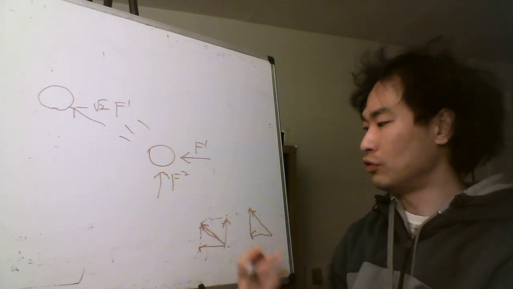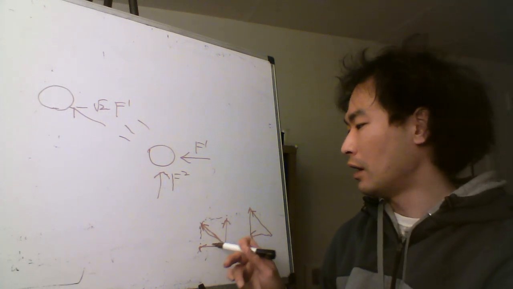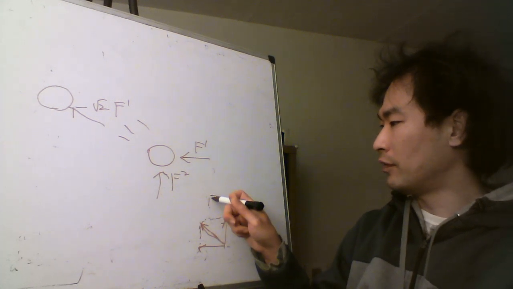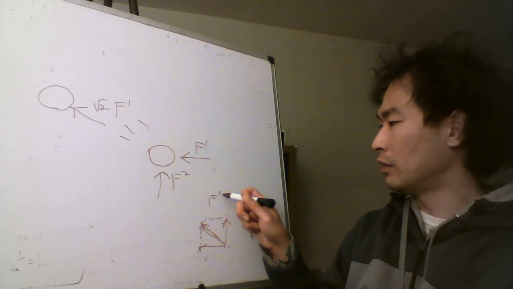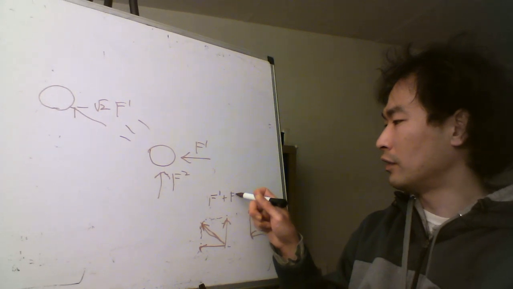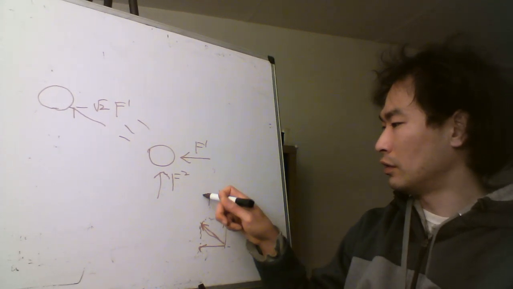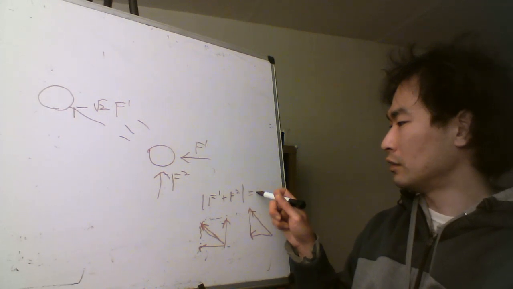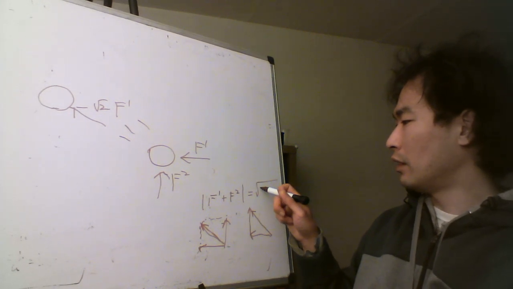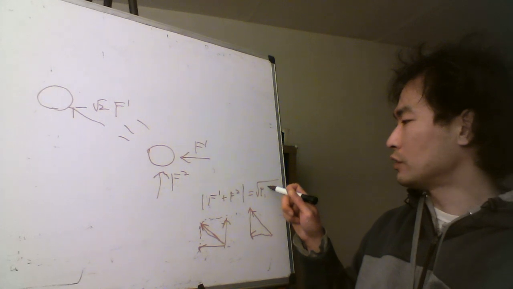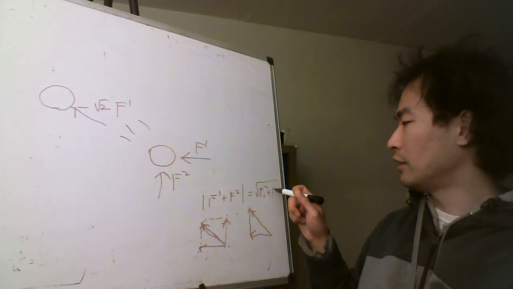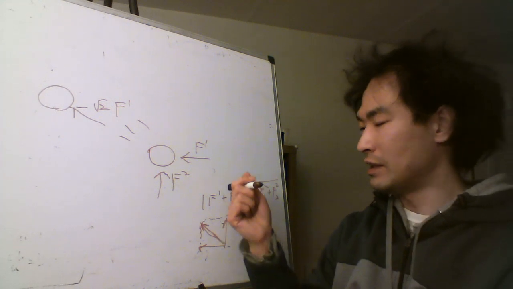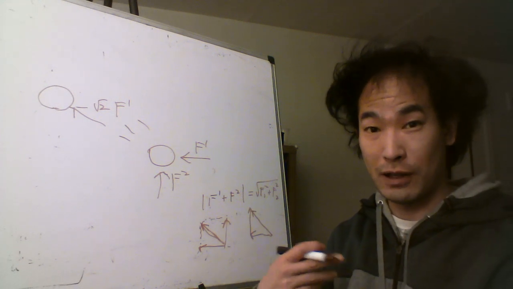Okay, so you use Pythagorean theorem, and then F1 plus F2, what's the absolute value of that? Square root of F1 squared plus F2 squared. Okay, you remember the index notation, index convention in homology?